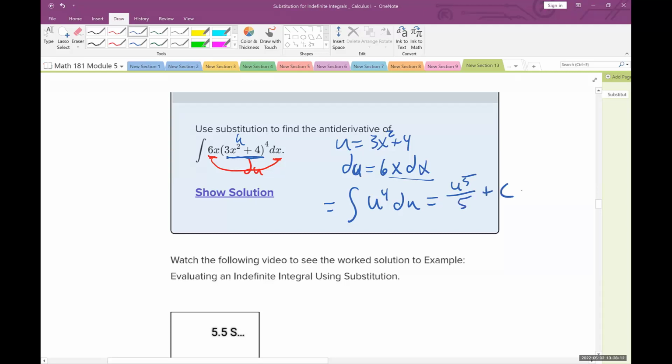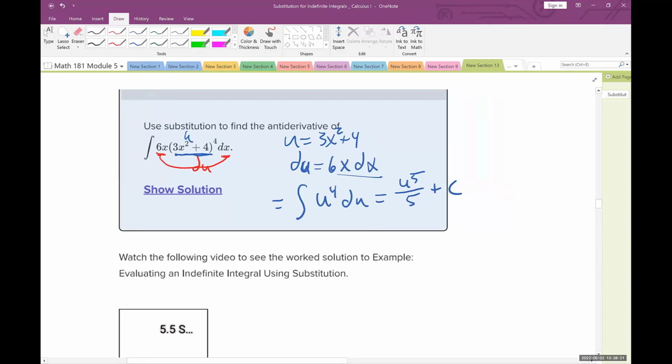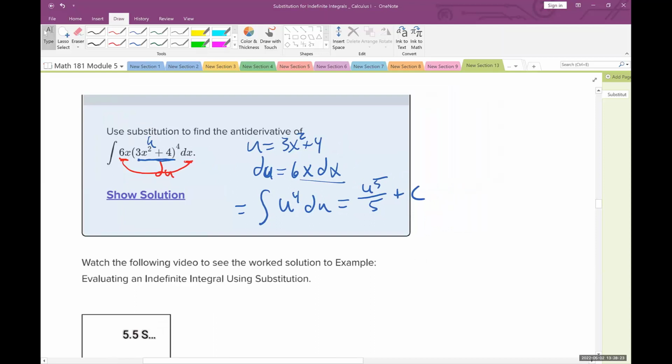That's the big step there. We add 1, divide by that power. And then I ask the big question where my grammar sounds bad. What was u? So it's 3x squared plus 4 to the 5th power divided by 5 plus c. And that's it.